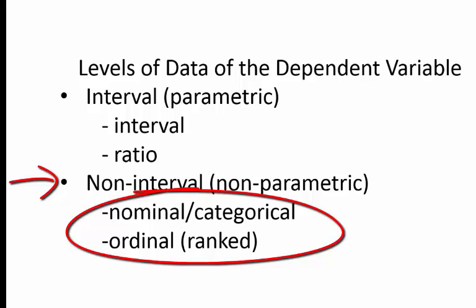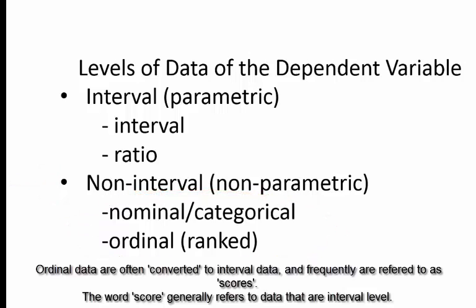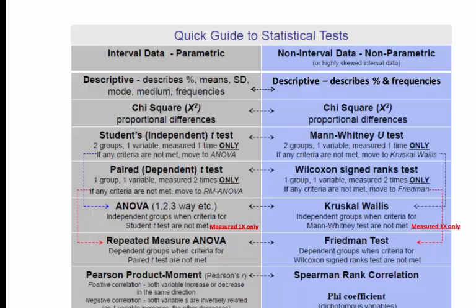Those numbers have to be analyzed differently when they're ranked. The exception is when ordinal or ranked data are converted to scores. The word scores should key you into the author has somehow taken the ordinal data and turned it into a number that they can then mean, and then it is therefore considered interval.